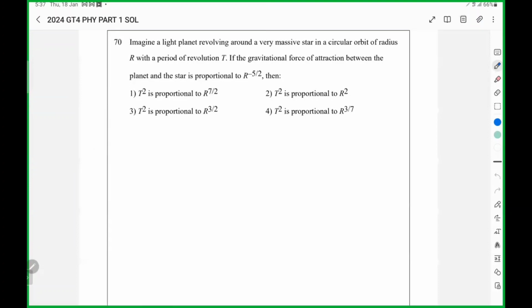The planet is revolving around a massive star in a circular orbit of radius r.